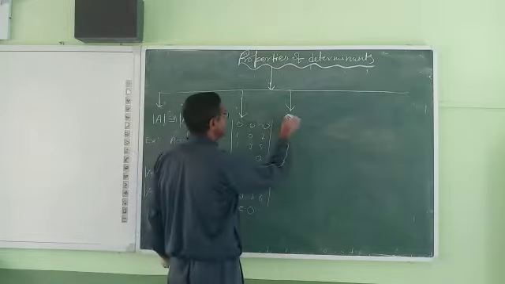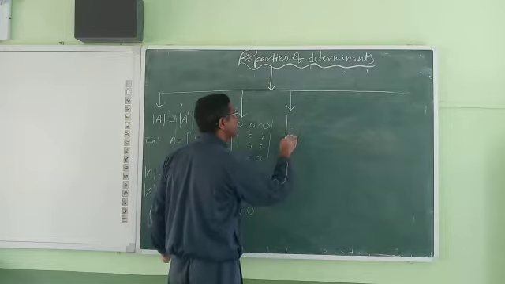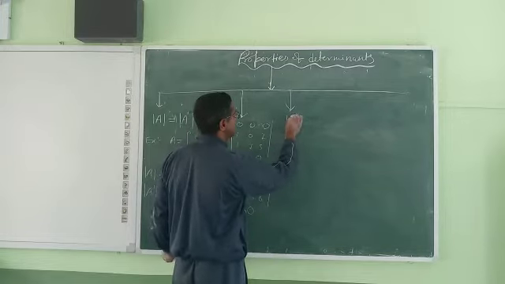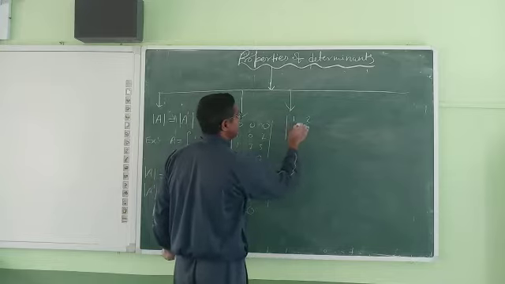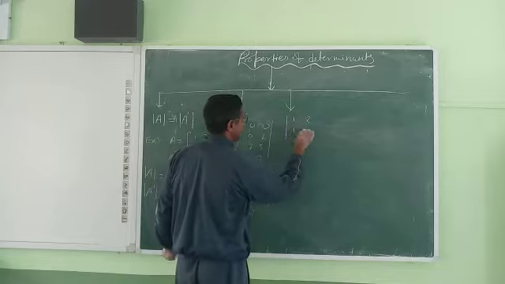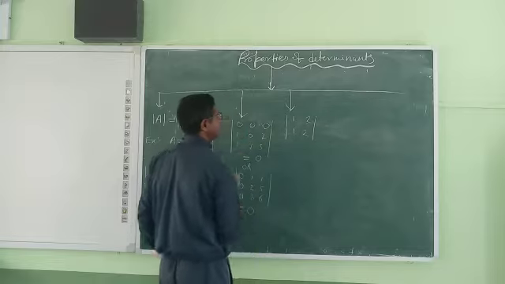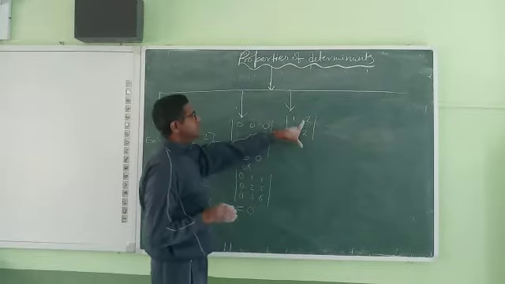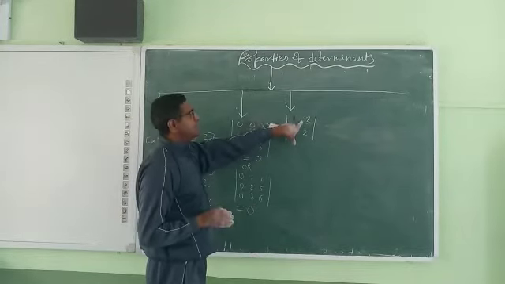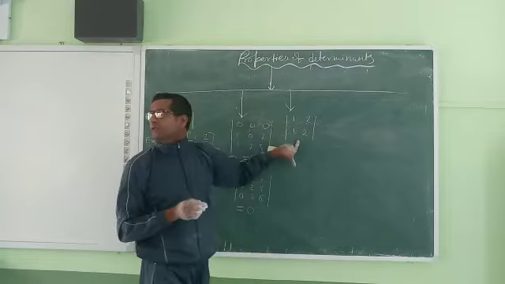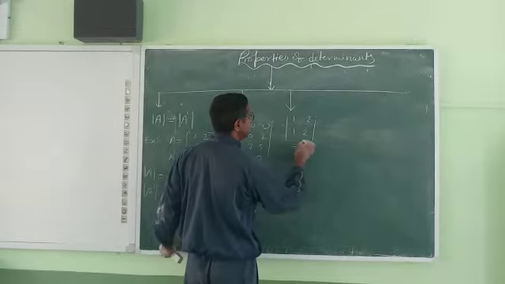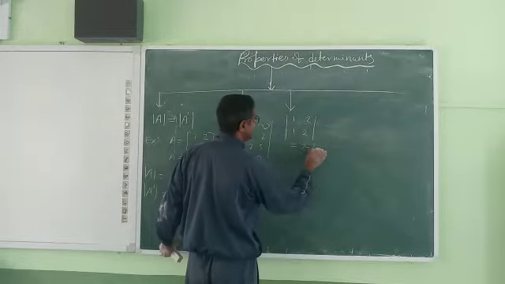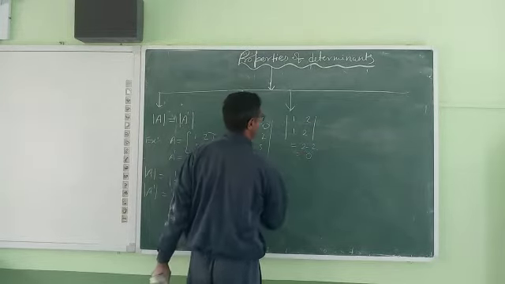Let us understand with the help of a determinant of order 2 by 2: 1, 2, 1, 2. Because here the first row and second row are identical, the value of the determinant will be 2 minus 2, equal to 0.